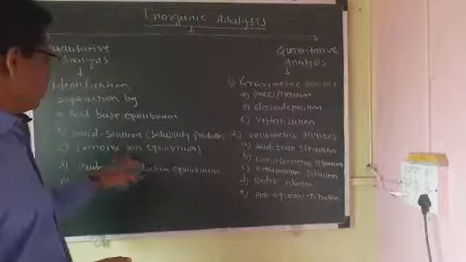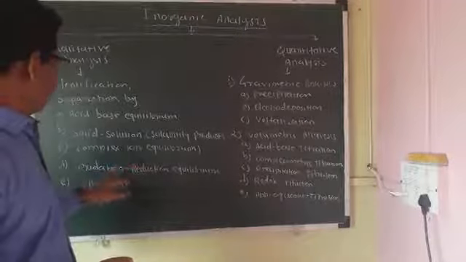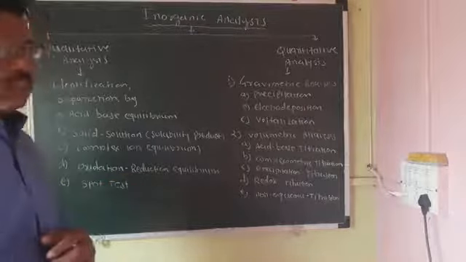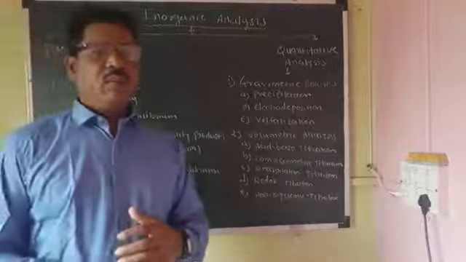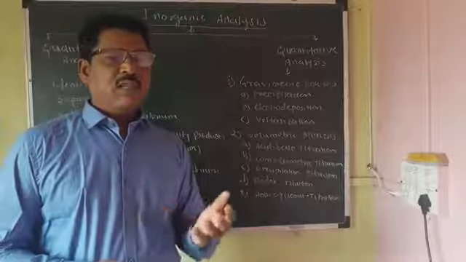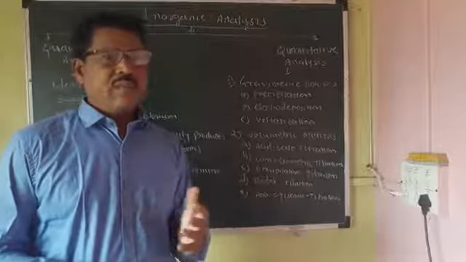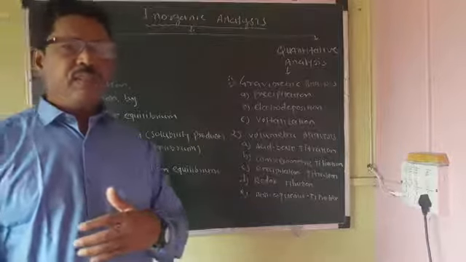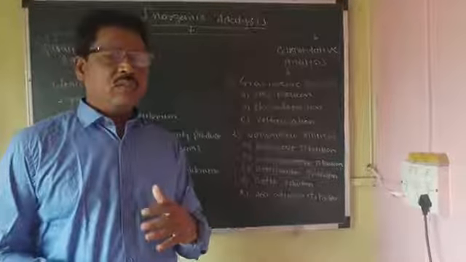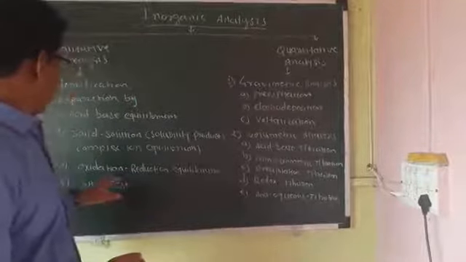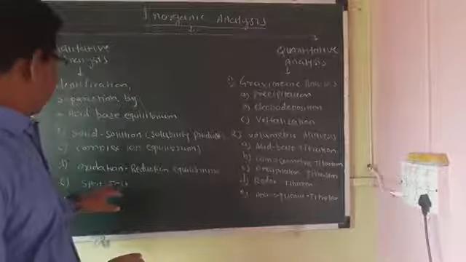This is known as complex ion equilibrium. Oxidation and reduction equilibrium means one is the oxidizing agent and another is the reducing agent. Both gain of electrons or loss of electrons takes place at the equilibrium position.